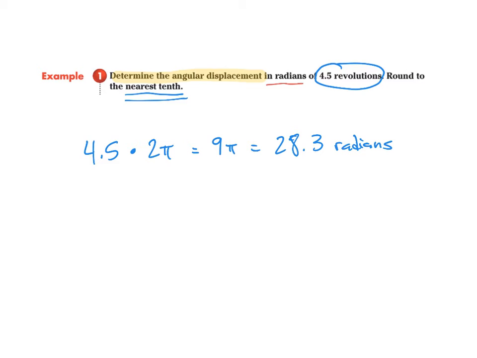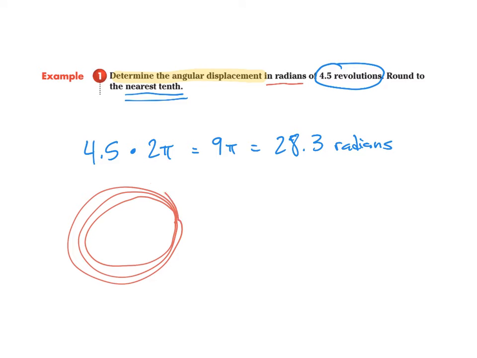And just to remind you what that calculation means, if you're going to spin around 4.5 times, so 1, 2, 3, 4.5, you end up over here. If you were to unroll that and string it out, you would have to line up the radius of this circle 28.3 times.